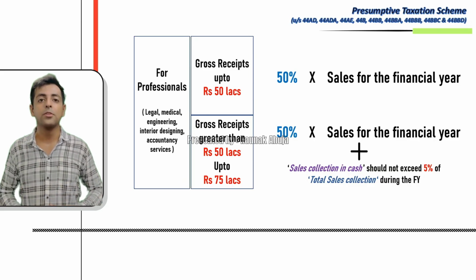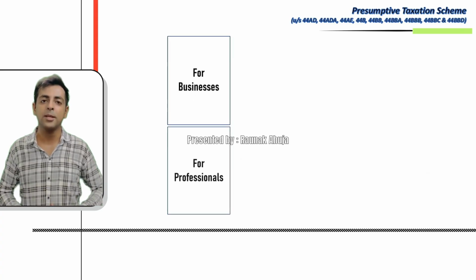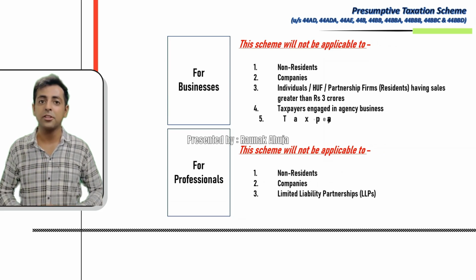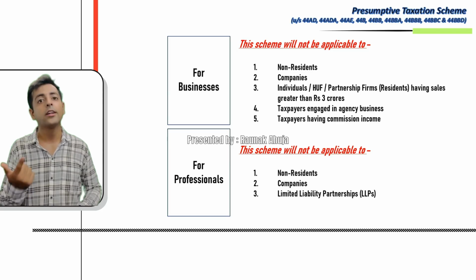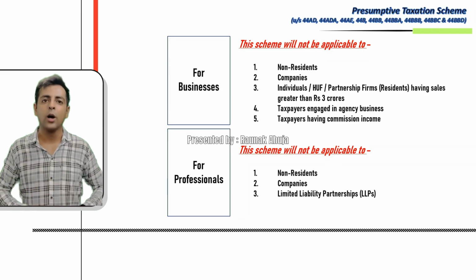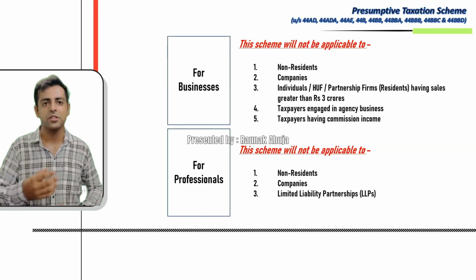Now, who are the persons who are ineligible to opt for these schemes? In case of businesses that are engaged in agency business or have an income that includes commission or brokerage income, then in such a case, they won't be allowed to opt for this presumptive taxation scheme that is applicable to businesses.